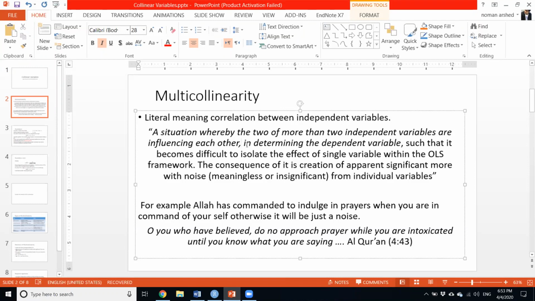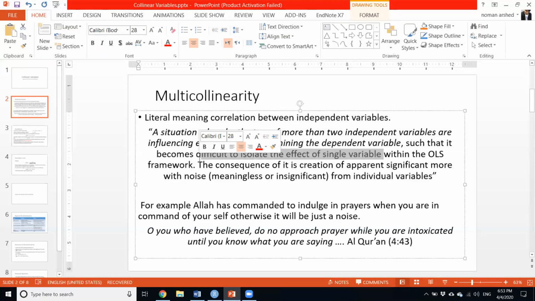And when they're influencing each other, they are also determining the dependent variable. They were actually selected to influence the dependent variable, but in reality they are also determining each other, such that it becomes difficult to isolate the effect of a single variable.